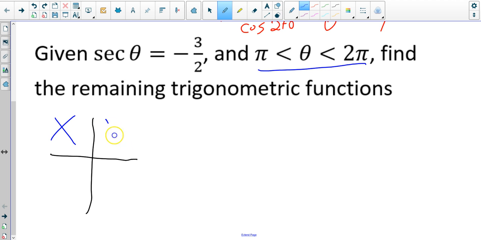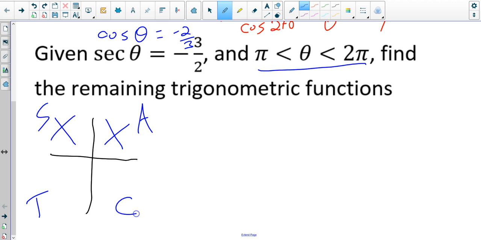So that means it cannot be in quadrant 1 or 2. The secant is -3/2, which means that the cosine of theta would be -2/3, since those are reciprocal functions. So where the cosine is negative, if we think about All Students Take Calculus, cosine is positive in quadrants 1 and 4. Since it's negative, it cannot be in quadrant 4. So the only possible quadrant to draw it in is quadrant 3.